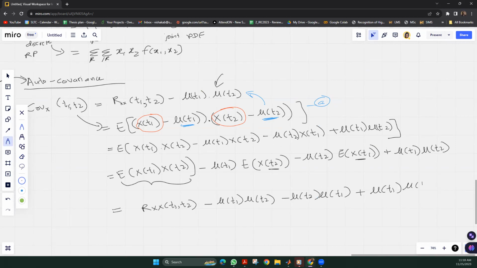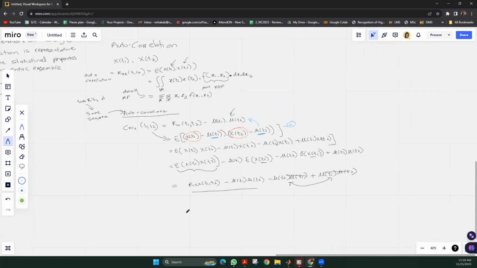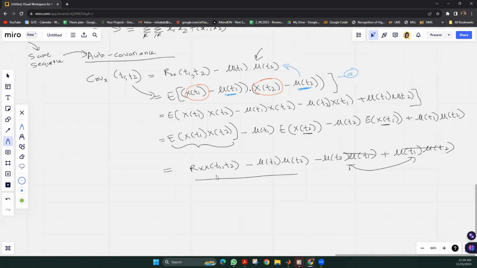Likewise, we can get the final values for this step. We see that these are equal, so we can cancel out the effect of one on the other. Then we are left with this expression, which is the expression that we wanted to achieve.